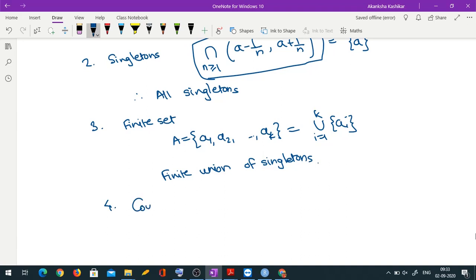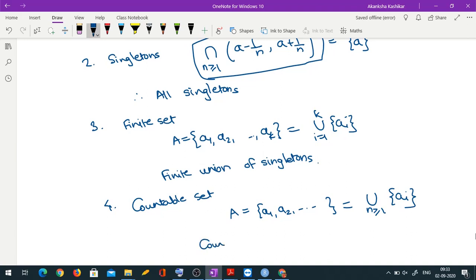Similarly, every countable set A1, A2, etc., can be expressed as a countable union of singletons. Therefore, it is also a Borel set.